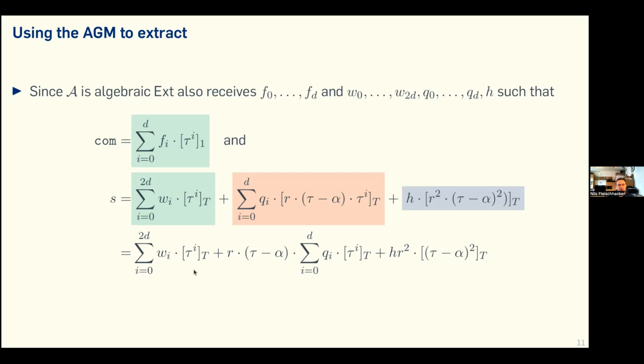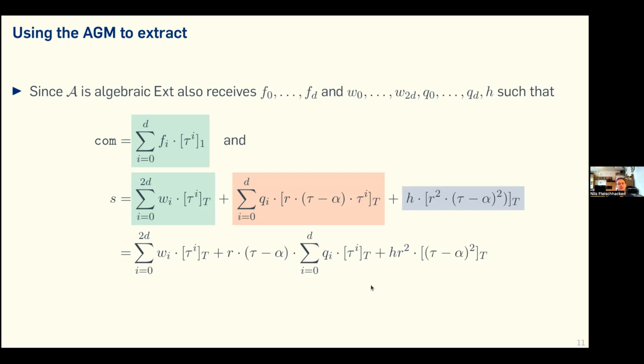And we can simplify this representation slightly by factoring out this R times tau minus alpha and putting this outside the sum. And then we're left with this simpler sum that is essentially just a linear combination of all the powers of tau.